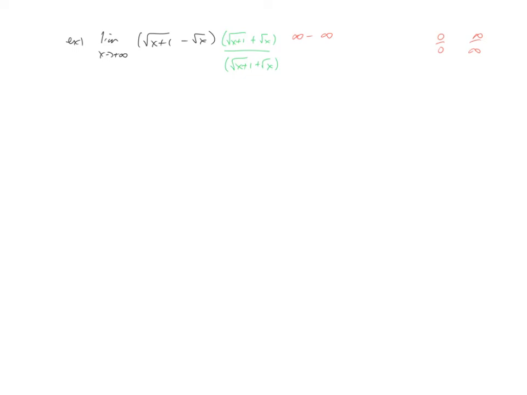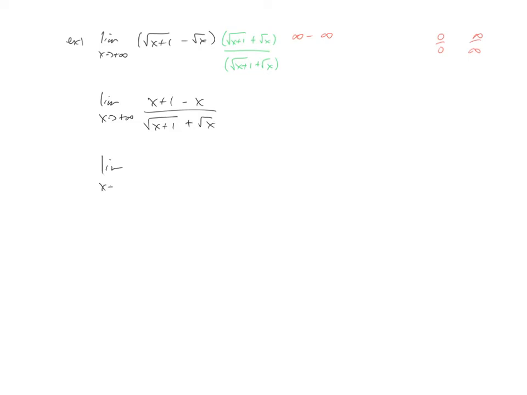If not, then we'll figure out where to go from there. So when I multiply this out, in the numerator I would have an x plus 1 minus an x, and in the denominator the root x plus 1 plus root x.